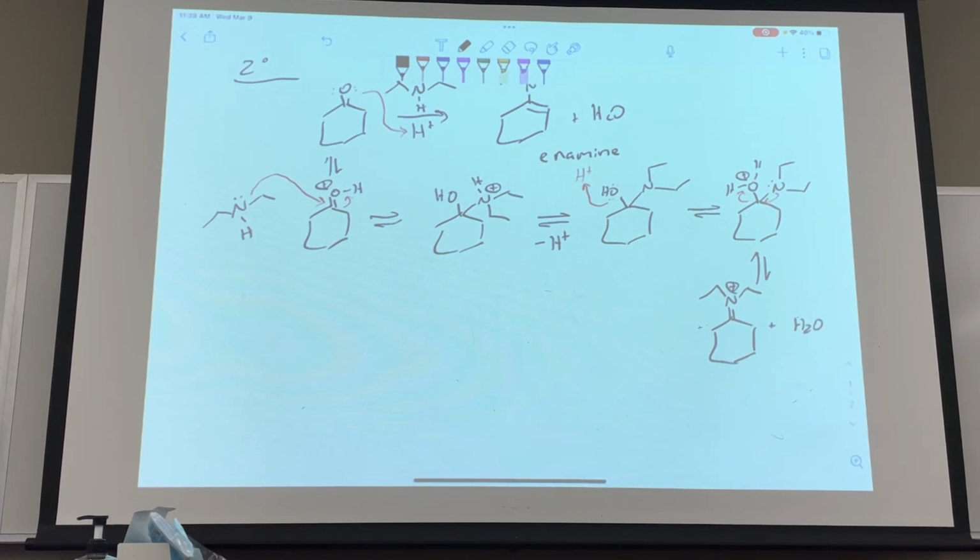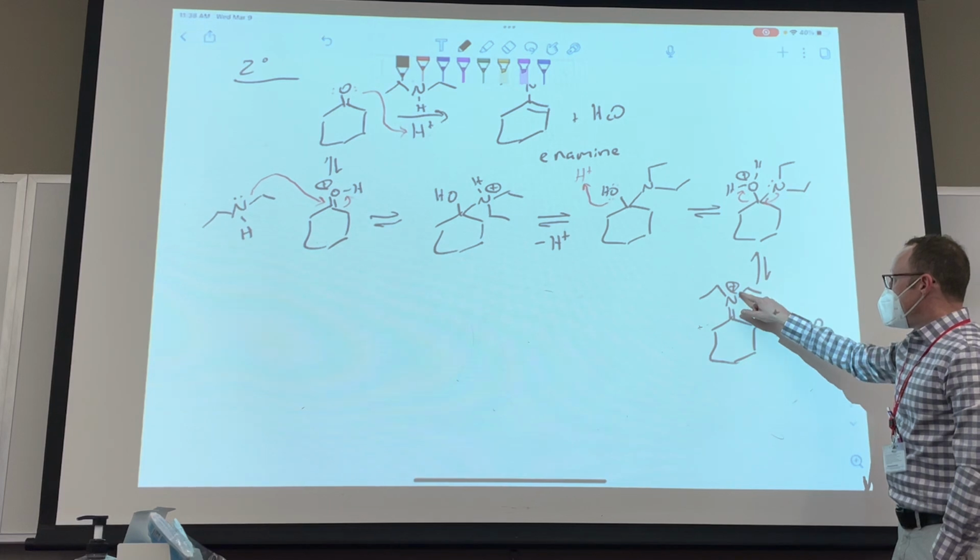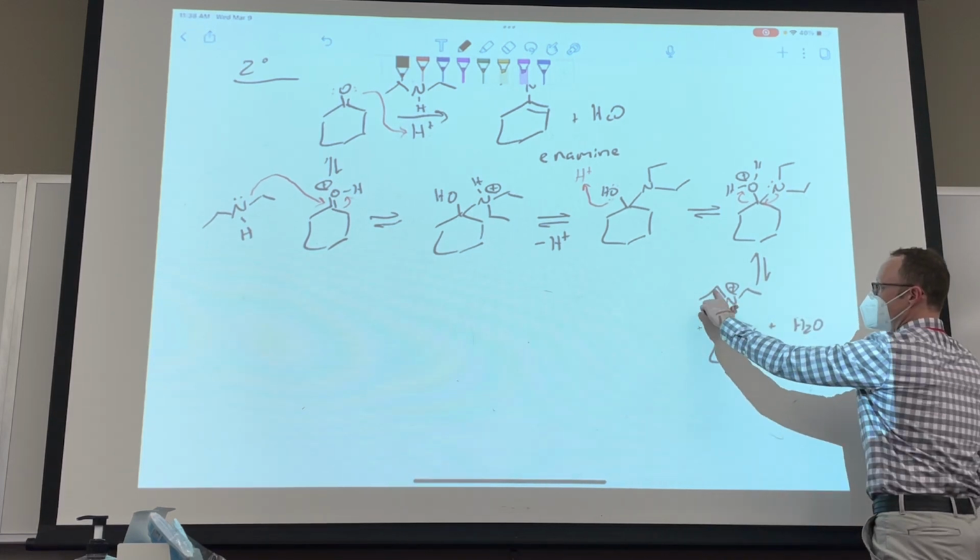would be this. So if you think back, in order to complete this mechanism, we've got to give nitrogen its lone pair back in order to make it a neutral compound. And the way we handled that in the previous case with the primary amines was you just simply deprotonated the nitrogen. In the primary case, you only had one alkyl group and there was another H here.